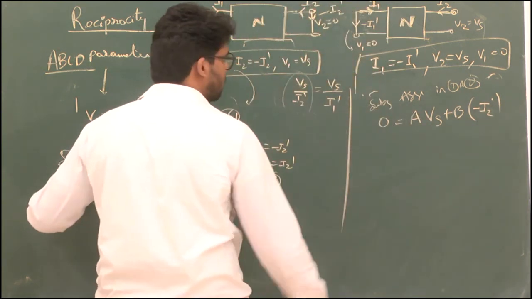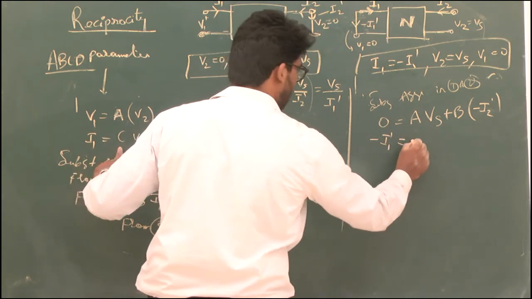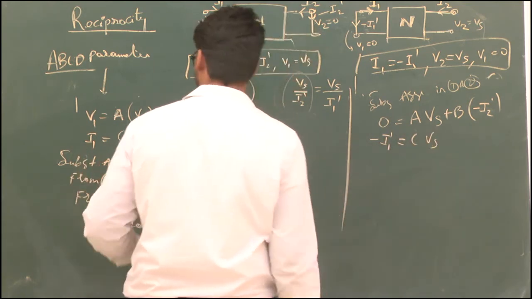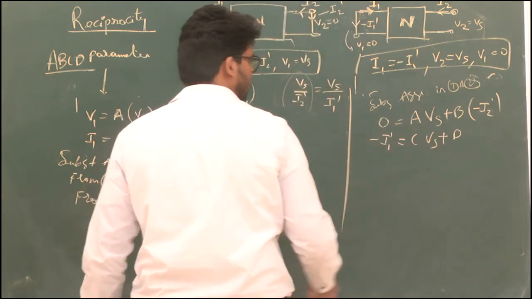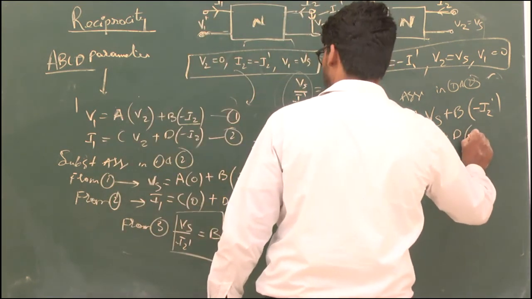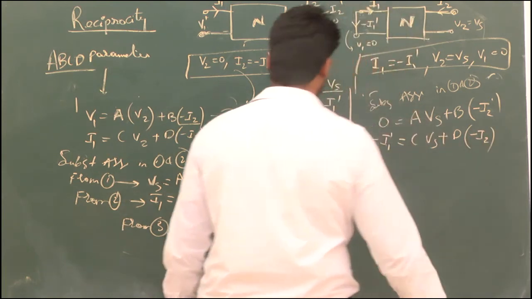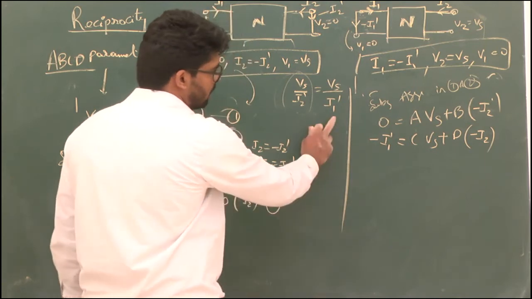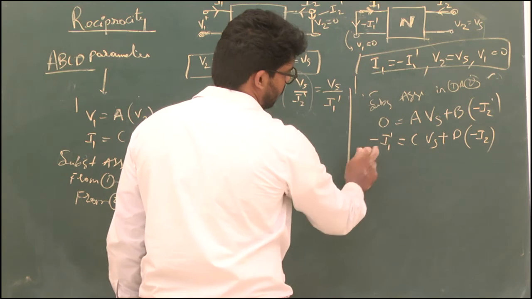Now I1 is replaced with minus I1 dash, equal to C into Vs plus B into minus I2, kept the same as minus I2 only. Now we need Vs by I1 dash.